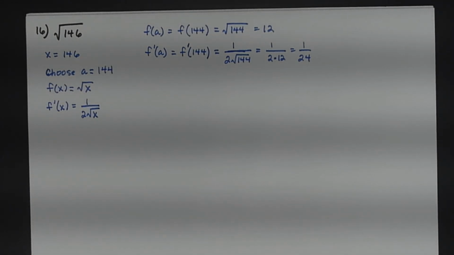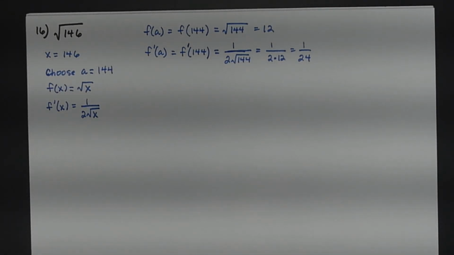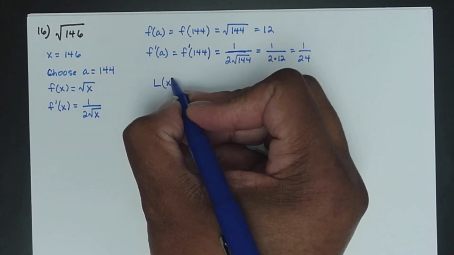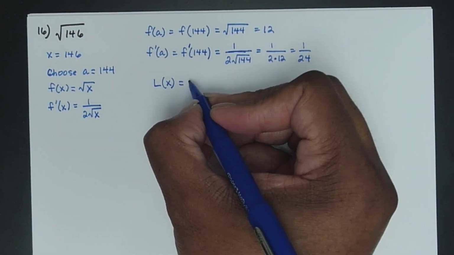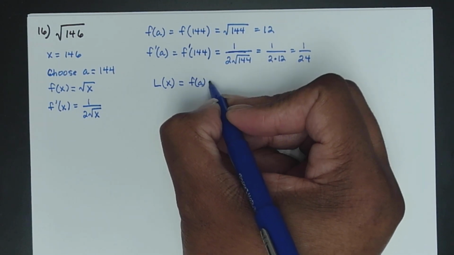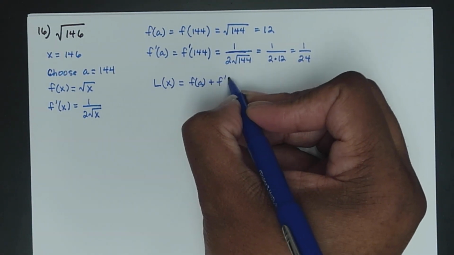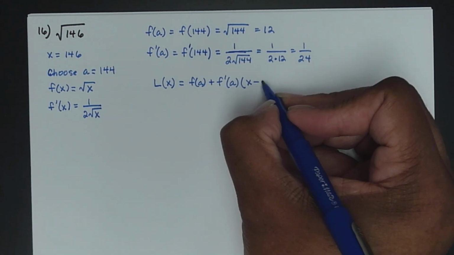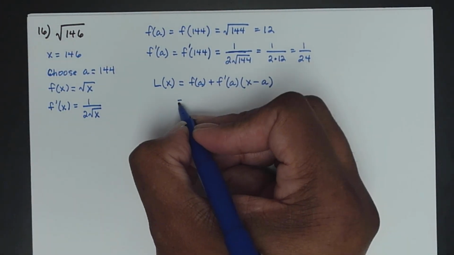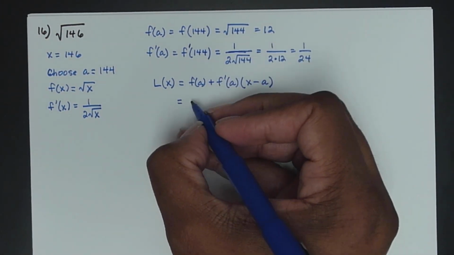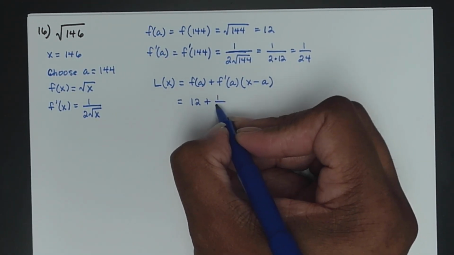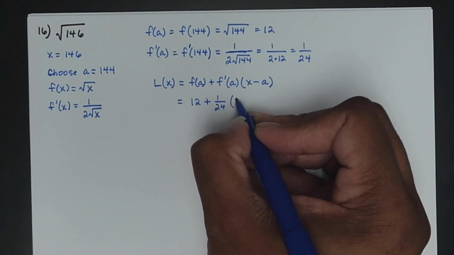Now we're going to use that linear approximation formula and do our substitution. So that means L of x is f of a plus f prime of a times the quantity x minus a. So here my f of a, I found that out to be 12, plus f prime of a, that's 1 over 24, times x.